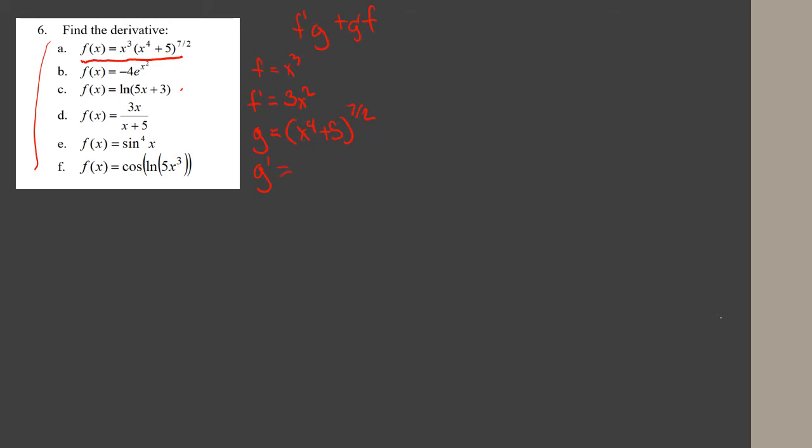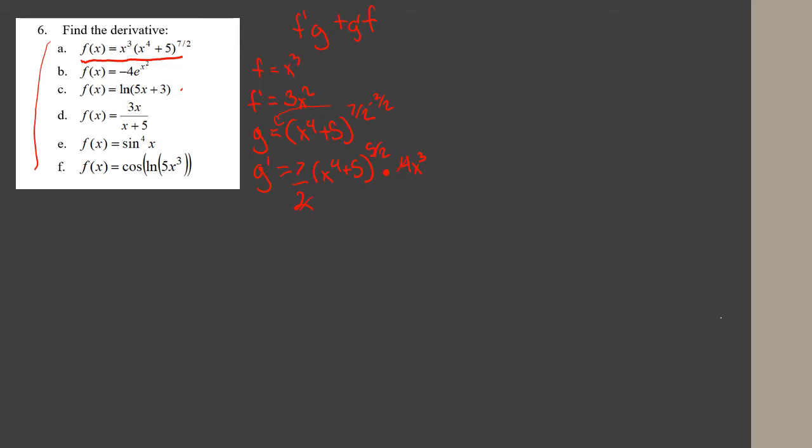So we bring that power down. We use the power rule. So it's 7 halves, and subtract 1. X to the 4th plus 5 to the 5 halves. But then we also have the chain rule. And so we multiply by the derivative of the inside, which is 4x cubed for the derivative.